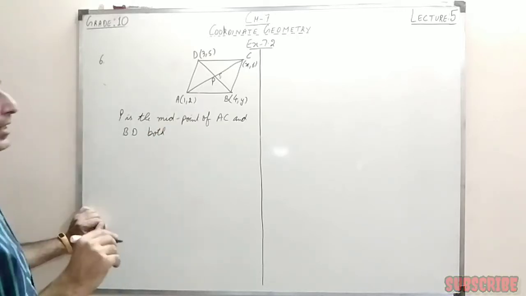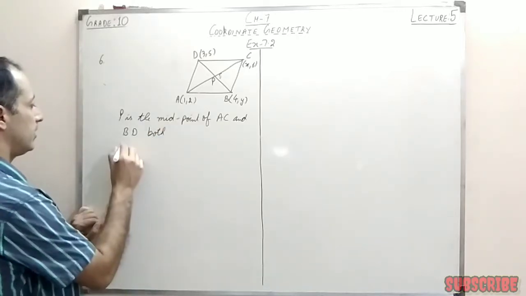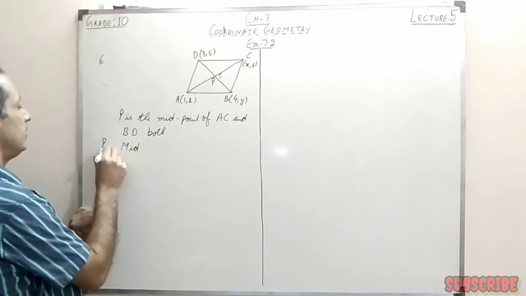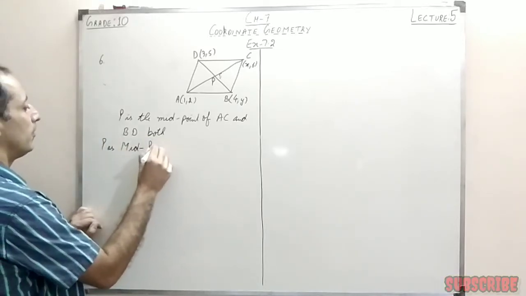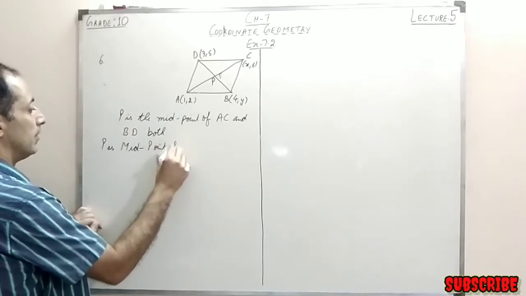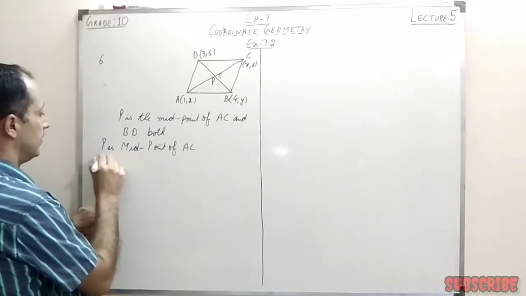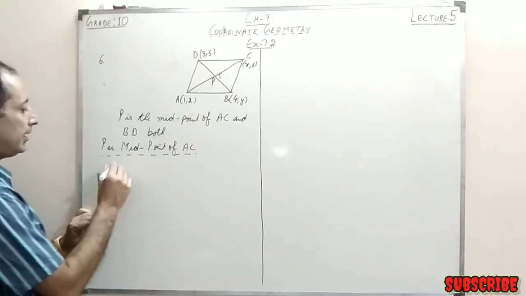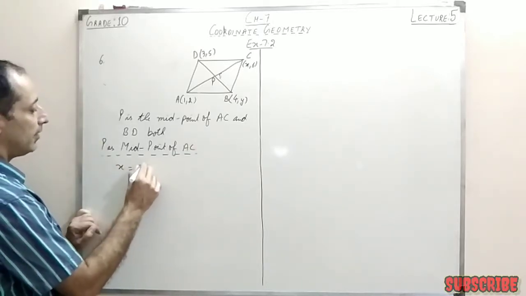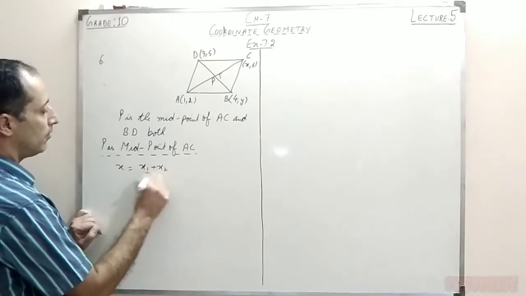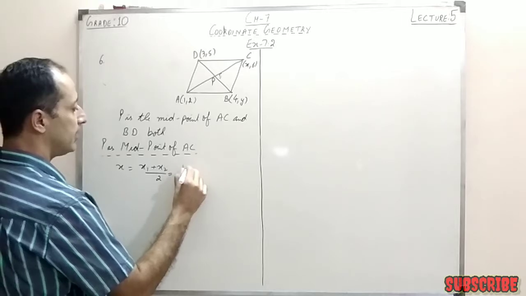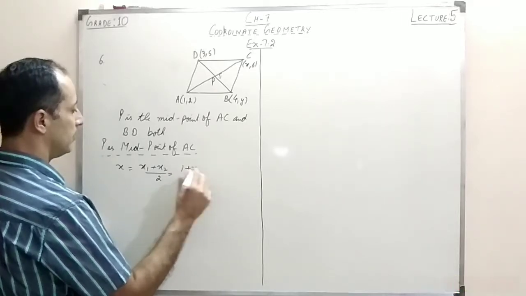So in the first case, we take P as the midpoint of AC. Now, if P is the midpoint of AC, then the x coordinate of P would be, we have the relation x1 plus x2 upon 2. So this is x1, this is x2, and we write it as 1 plus x upon 2.